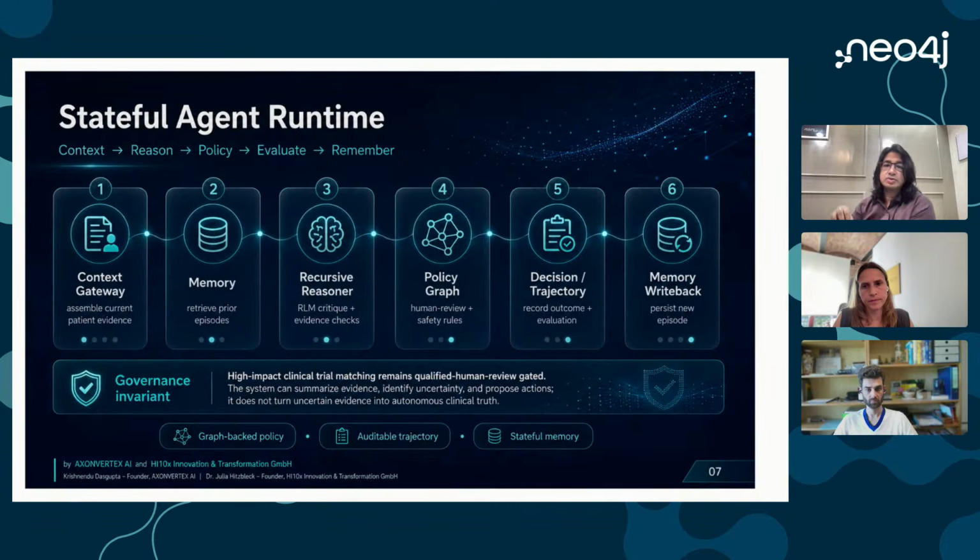The agent looks into it, and it tries to reason with all the information that it's gathering. So it is not just that you pass data to an LLM, or a set of trials or a set of patients to an LLM. It tries to reason with each of the reasoning structures or reasoning approaches that we have put into it. Then it goes to the policy graph, which is where the human review and the safety rules come in.